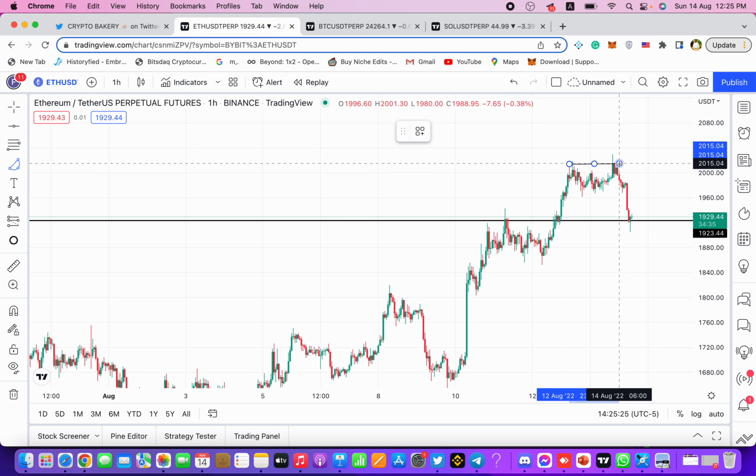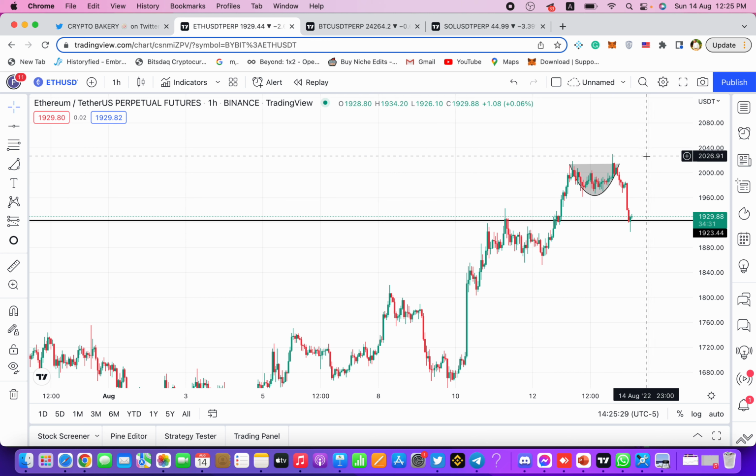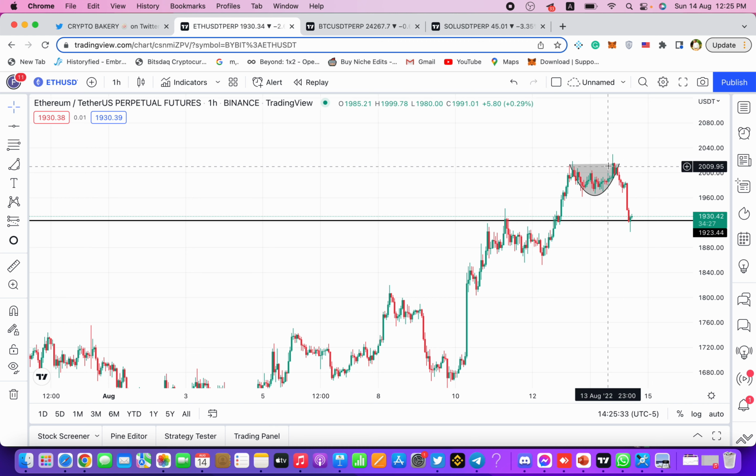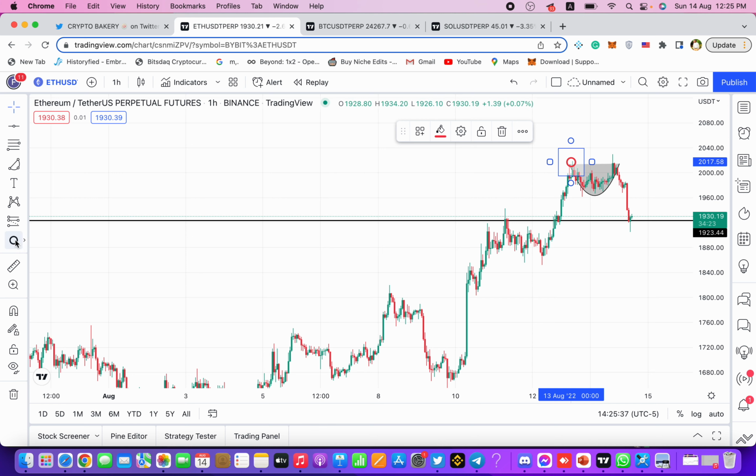Previously we talked about double bottom, and now we are talking about double top. This is our first top and this is our double top.